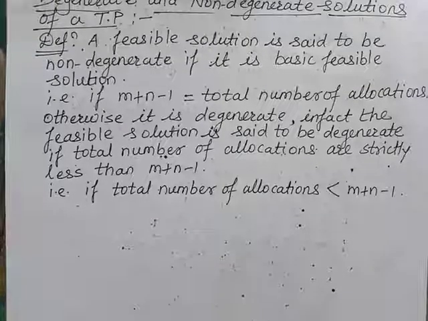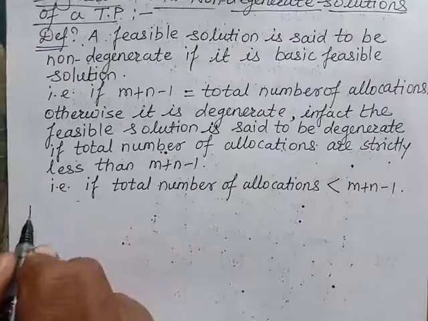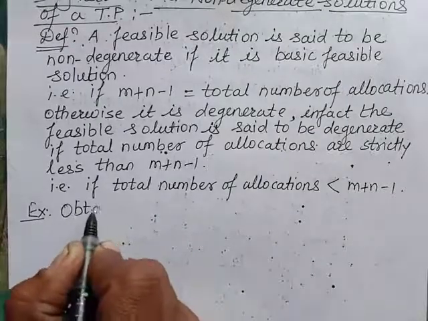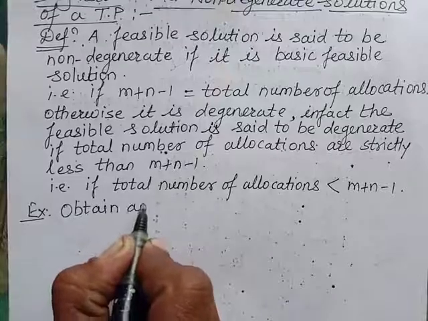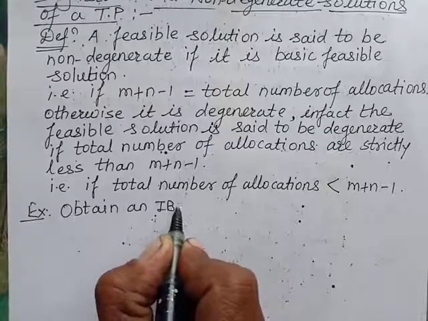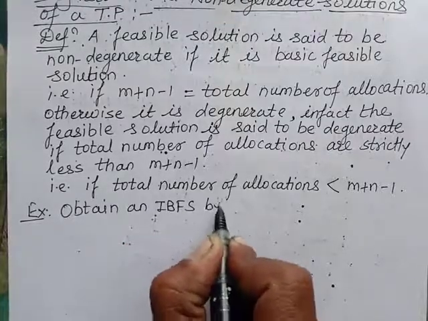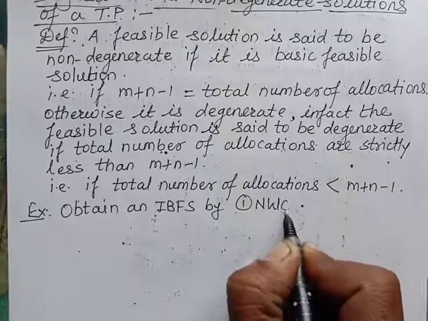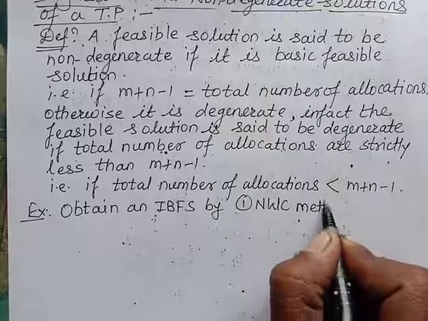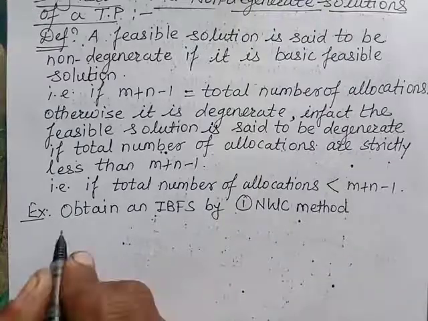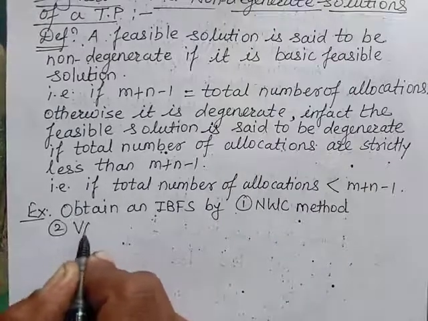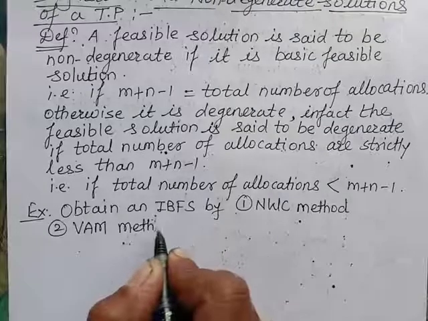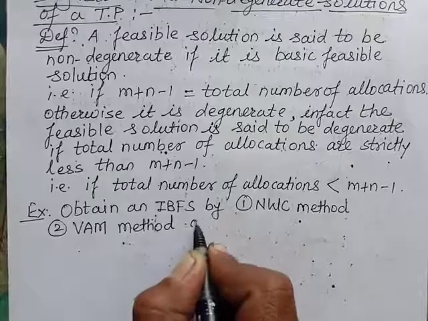Now let's solve one example. Obtain an IBFS, initial basic feasible solution, by first, the northwest corner method, and the second one using the VAM method also, of the TP.